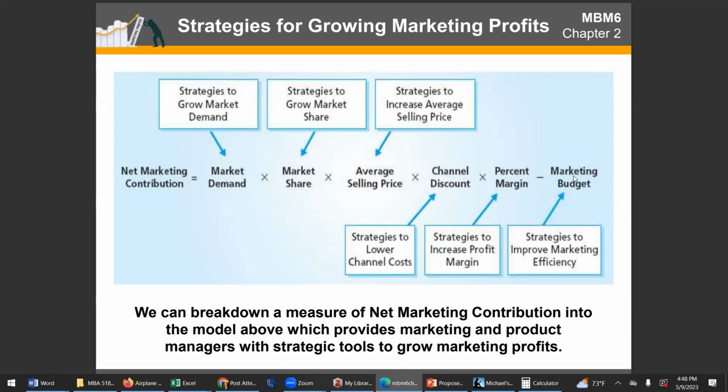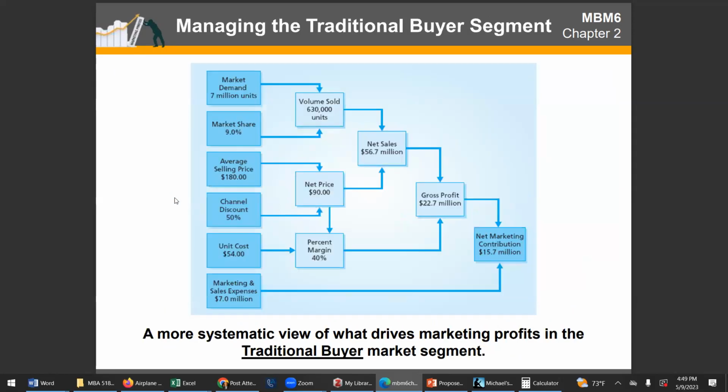We want to have more of those available in digital format, and people can print them if they want to, but we're not going to pay for it, right? So again, different ways for us to think about what strategies can be implemented to help us continue to drive higher and higher net marketing contribution.